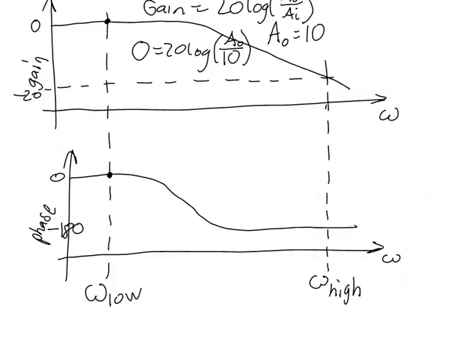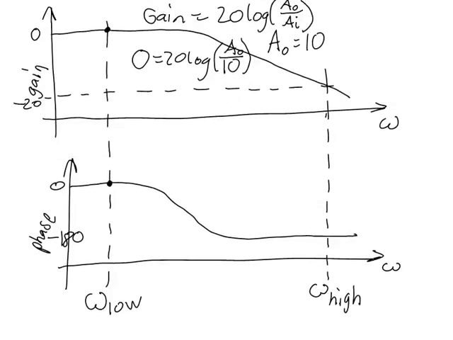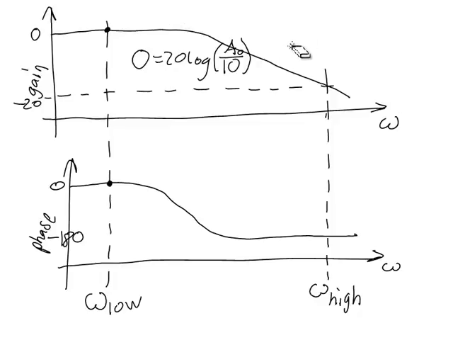Next, I'll go back to my Bode plot, and this time I'm going to get the values for omega high. I see that at omega high, the gain is negative 20.